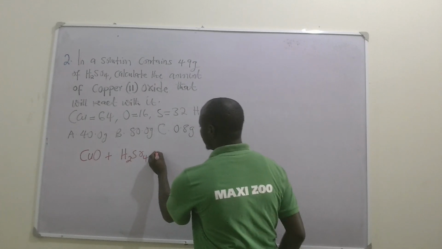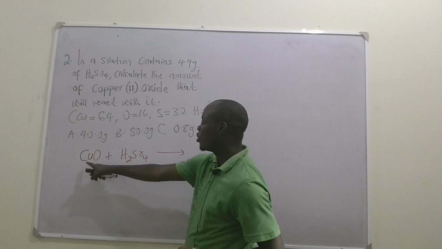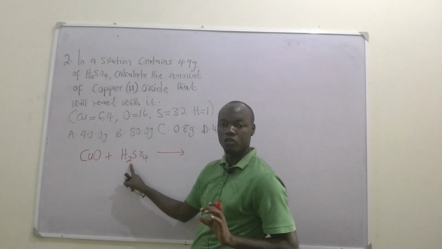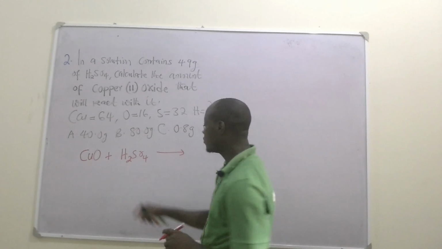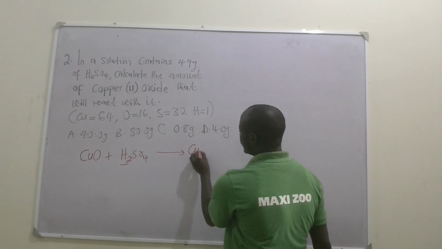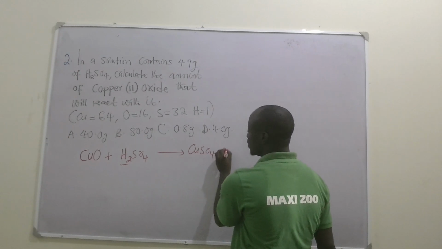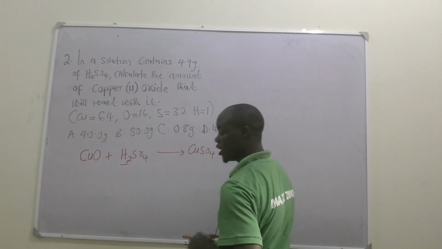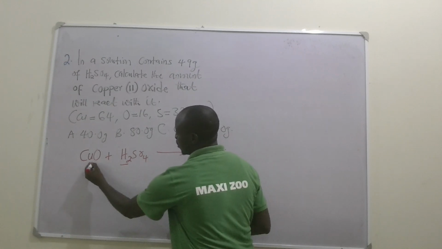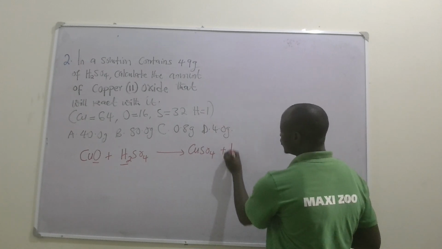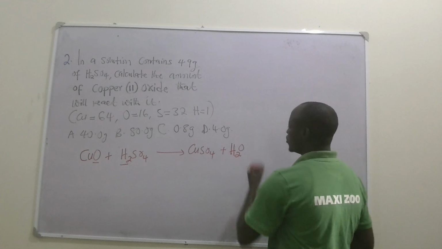And of course, this is simple. Copper oxide will now displace hydrogen here, so therefore this will be replaced with copper. So we have copper sulfate plus, the hydrogen here will now react with this oxygen to generate a water molecule. So we now have water.